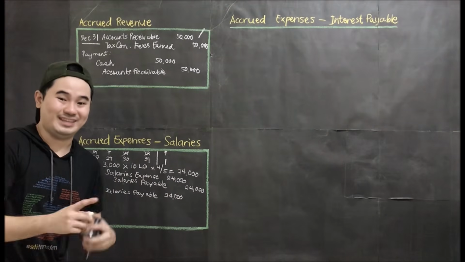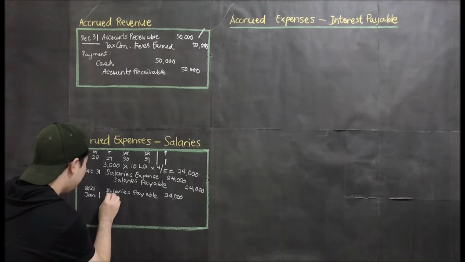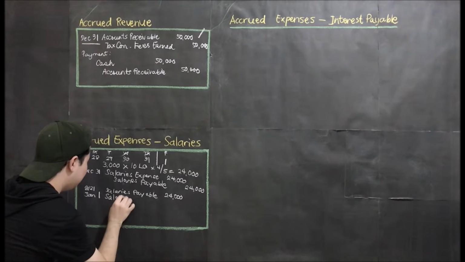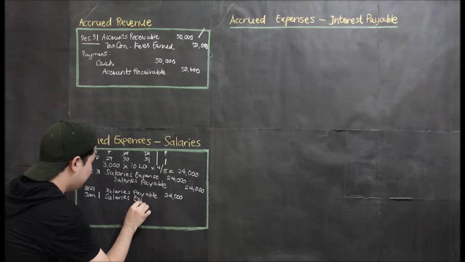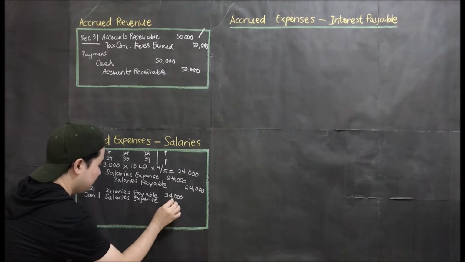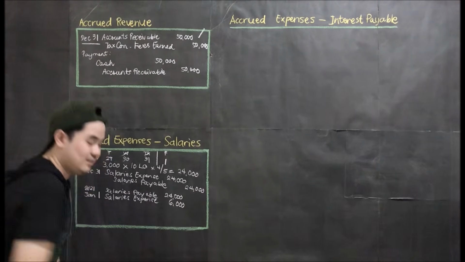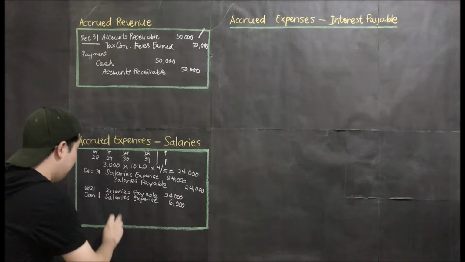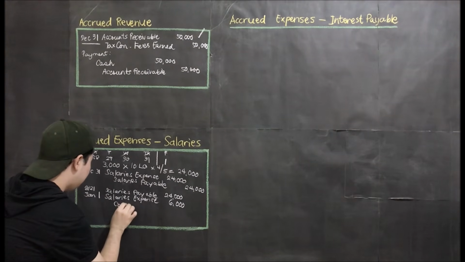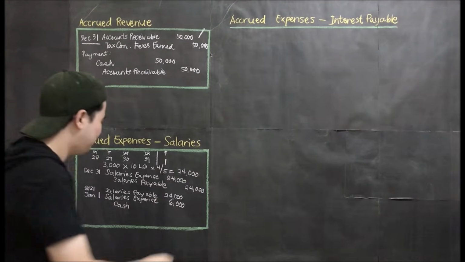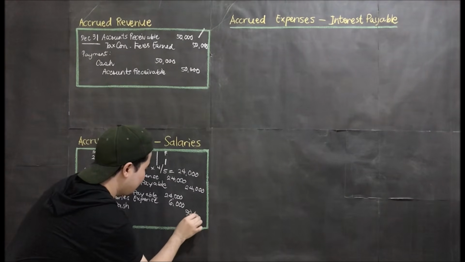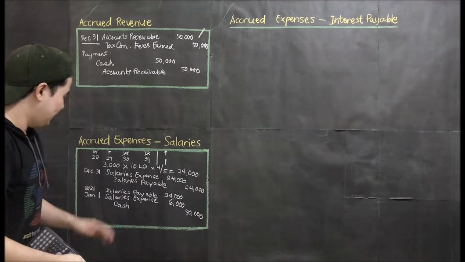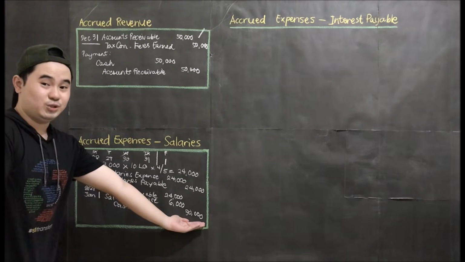Magre-record ka na ngayon ng expense sa 2021. 6,000 na lang kasi yung kulang sa isang araw. Then, credit cash po tayo ng 30,000. That way, Friday, nabayaran pa rin natin yung 30,000.